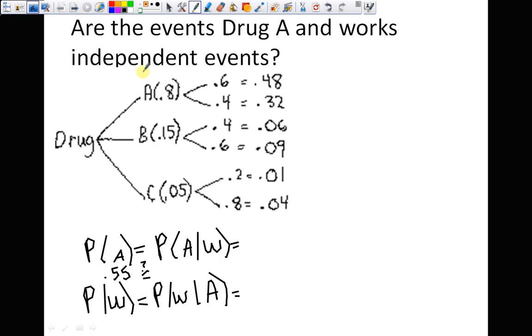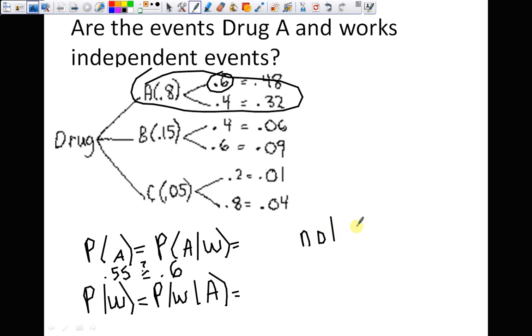Given that we use drug A, this is my universe now. So given that I'm in universe A, what's the probability that it works? And that was 0.6. So that's my conditional probability here. The fact that they are not equal means that the events are not independent.